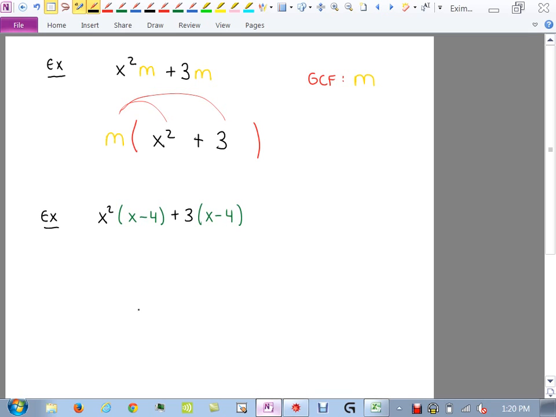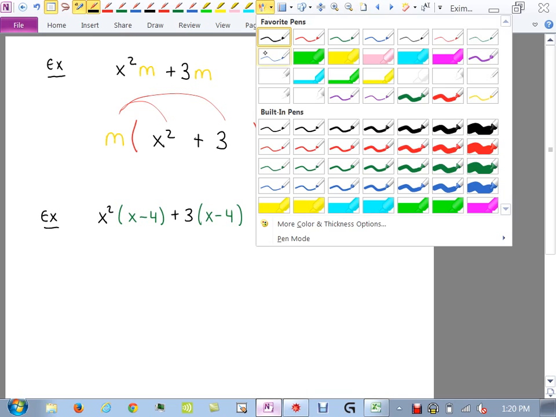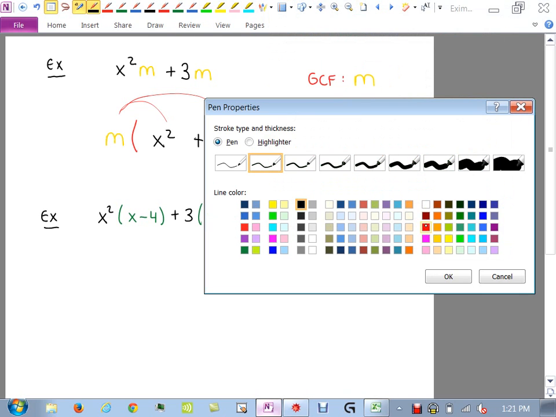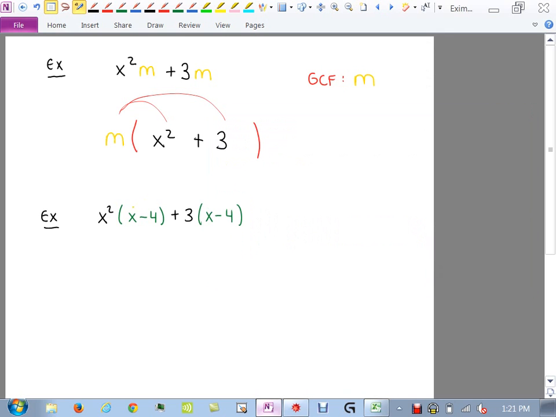We're trying to factor. So please, if you could, squint your eyes, take a look at that, and do you see that that's really x squared m plus 3m? In other words, x minus 4 and x minus 4 are the same thing, right? They're identical in parentheses.